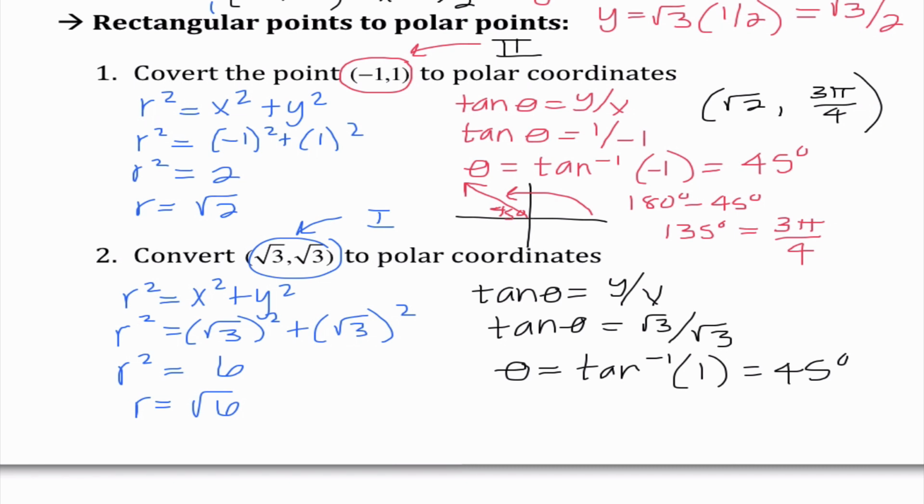This time, it would make sense for this to be 45 degrees because this is in quadrant 1, so our ordered pair is going to be radical 6, and I know 45 degrees is equivalent to pi over 4. So these problems definitely take a little bit of work, but we really just need to rely on what we have previously learned in terms of trigonometry.